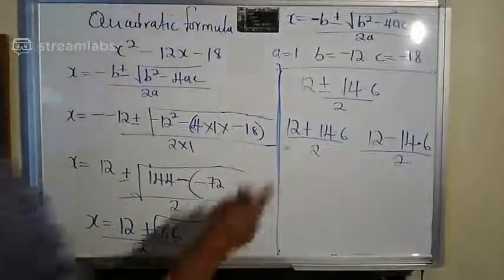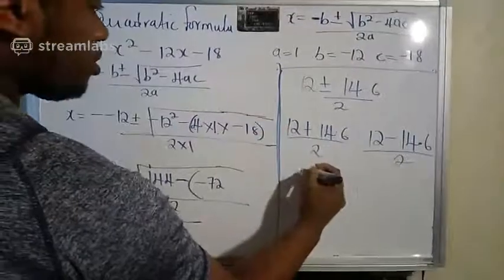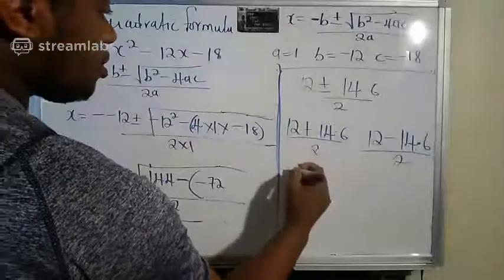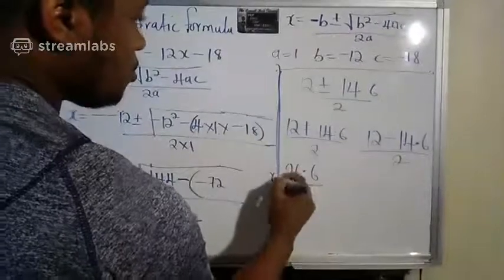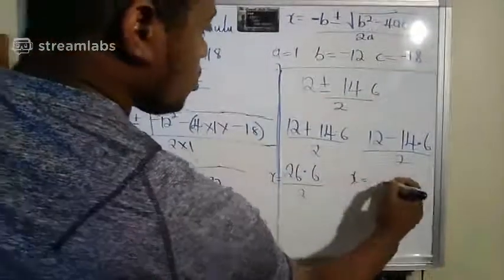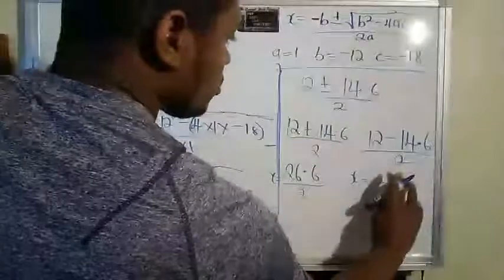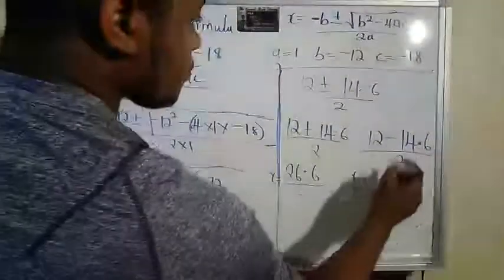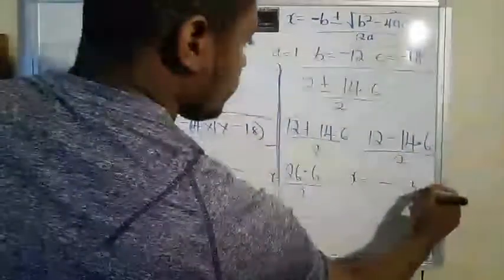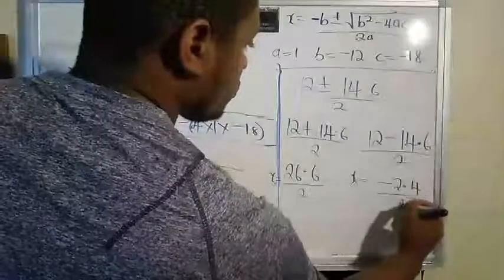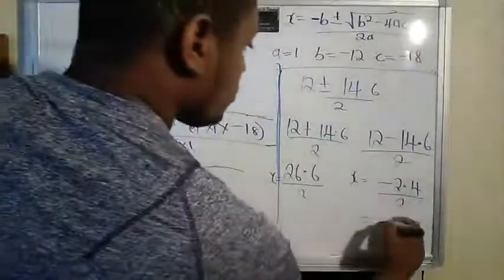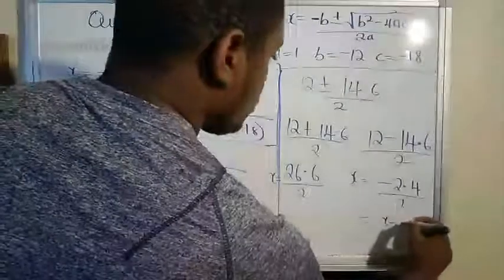Now we have 26.6, so we divide by 2. So we get one value and then the next one, 12 minus 14.6, so minus 2.6. Check if you're right. So minus 2.6 divided by 2 will work out to x equal to negative 1.3.